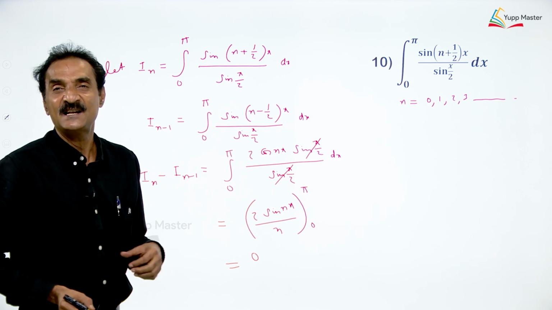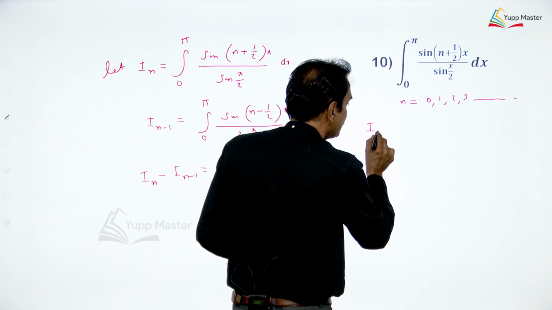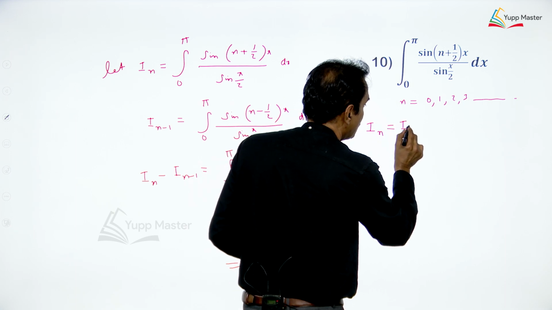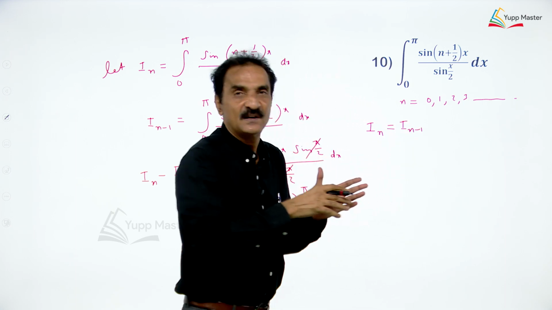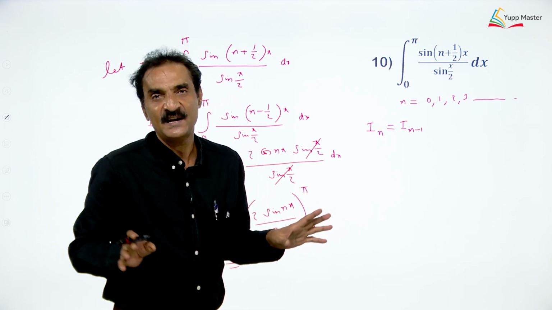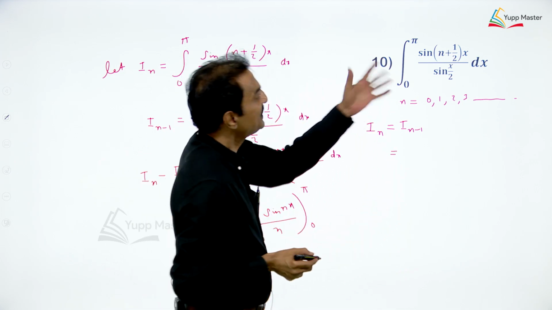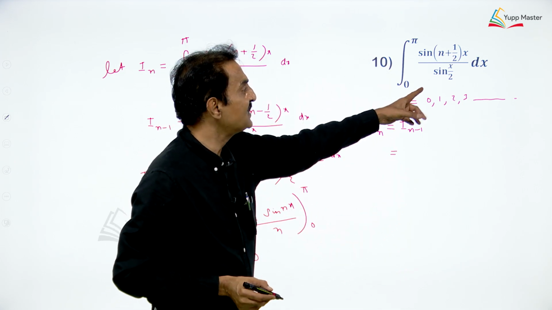In minus 1 is 0 means In is equal to In minus 1. That means I1 is equal to I2 is equal to I3 and so on. All I's are same. So, if you want In, you can take any value. I said non-negative integers, no?